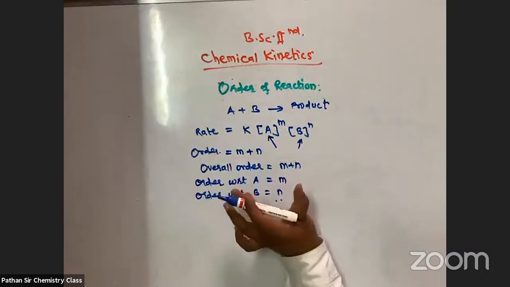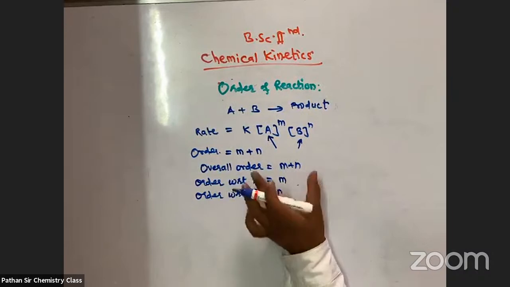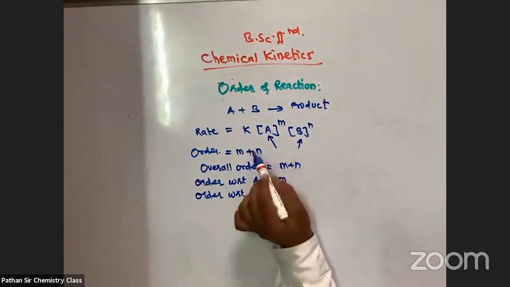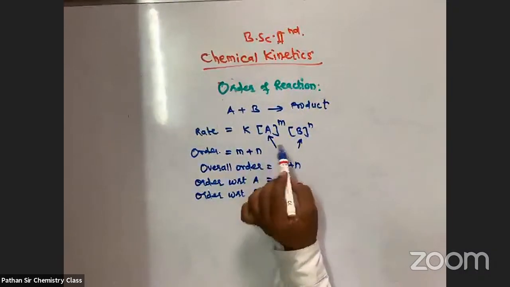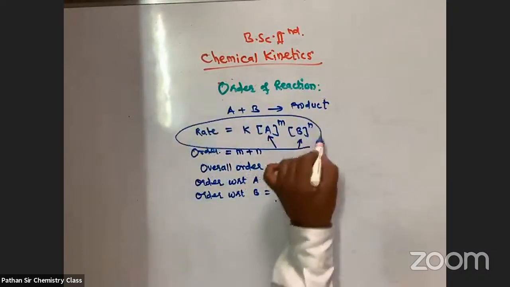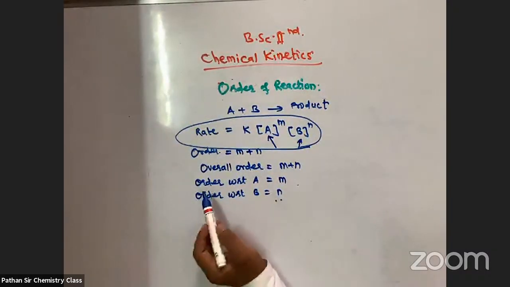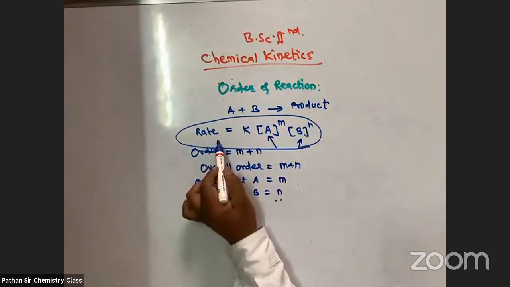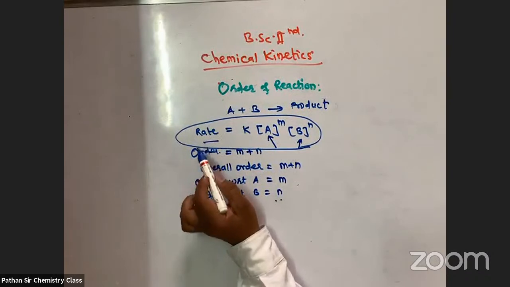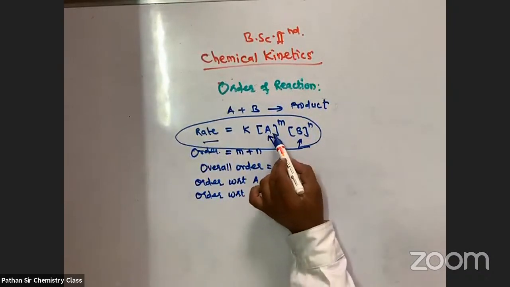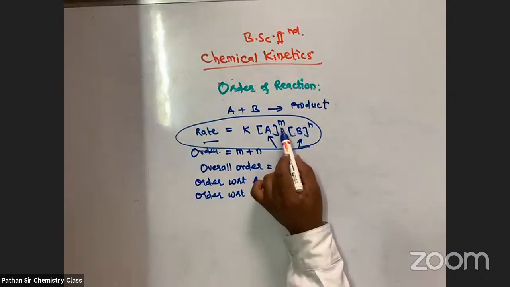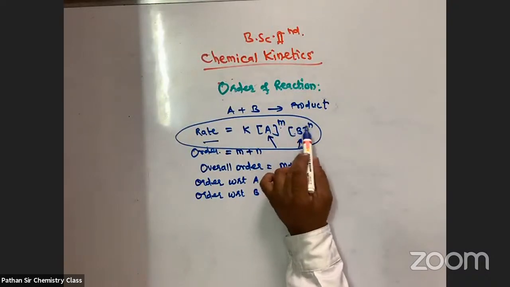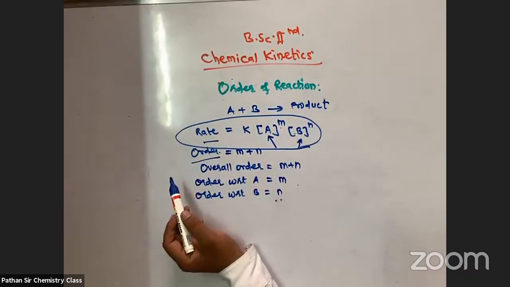Okay, see one second, the definition. Order of reaction is nothing but the summation of powers of concentration terms in the rate law. That means you have to first find out the rate law experimentally, by performing an experiment. Then in that rate law you have to see the concentration terms and their powers, and then sum those powers, that will give you the order of reaction.